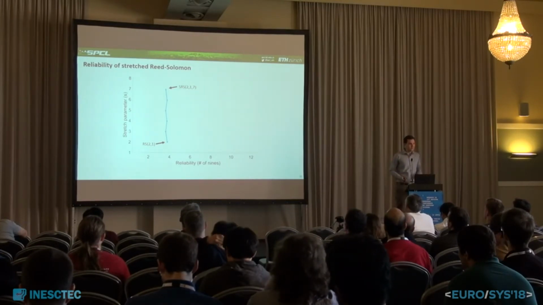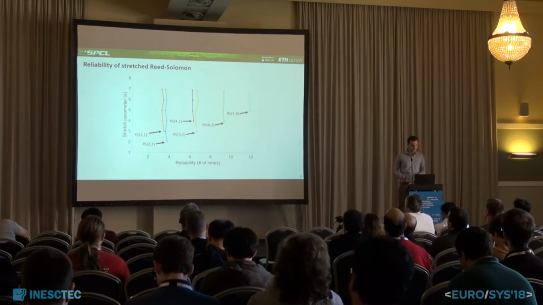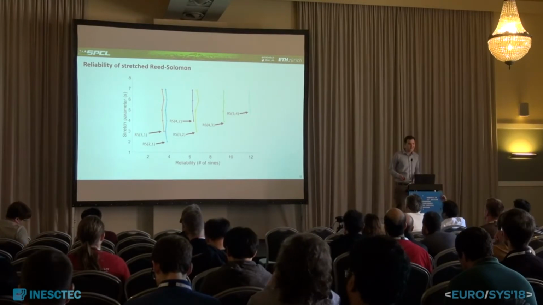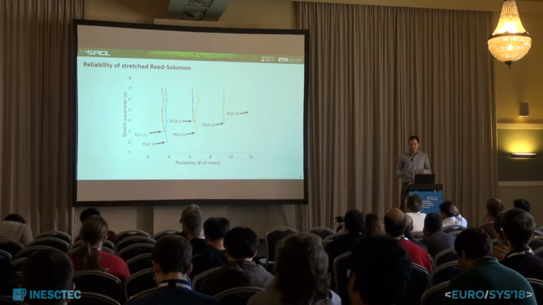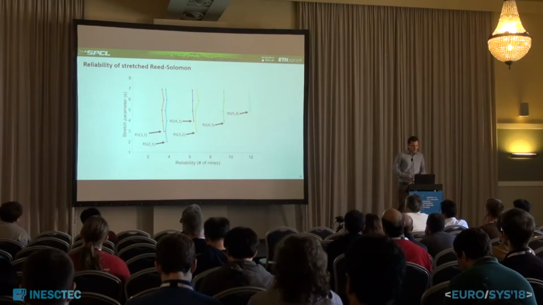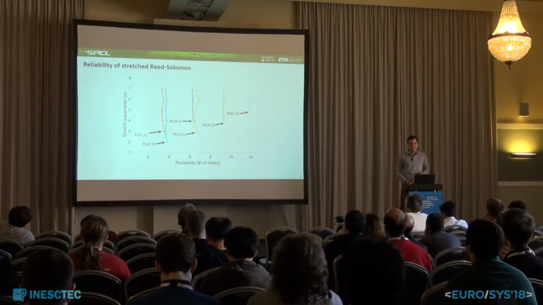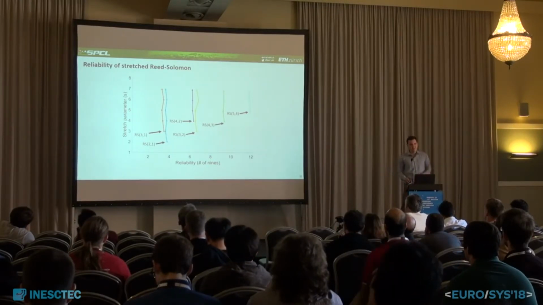We performed the same analysis for different read-cell-1 schemes, and we showed that in all cases we studied, the reliability hasn't changed dramatically. And also you can see a small artifact here, for example, read-cell-1 3.2. When we stretch it over 6 machines, it even increases reliability, and we describe this artifact in the paper, so have a look.